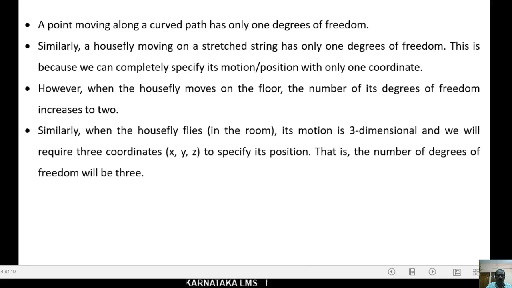Similarly, when the housefly flies in the room, its motion is 3-dimensional. We will require 3 coordinates, that is x, y and z, to specify its position. Here the fly moves along x-axis, y-axis, and also z-axis. That is, the number of degrees of freedom will be 3.